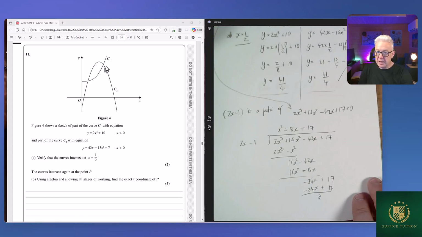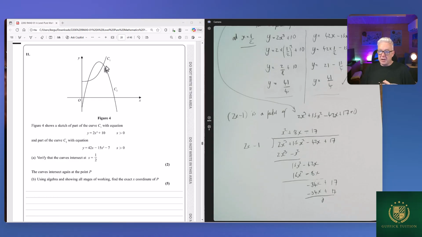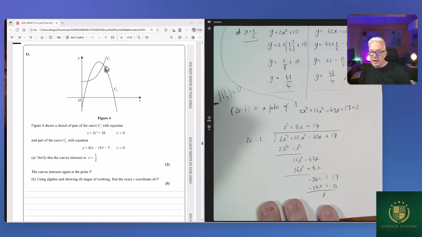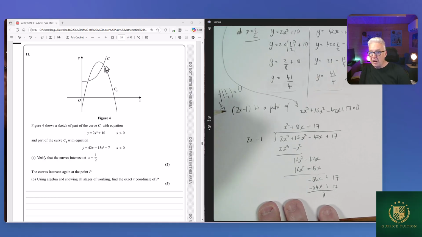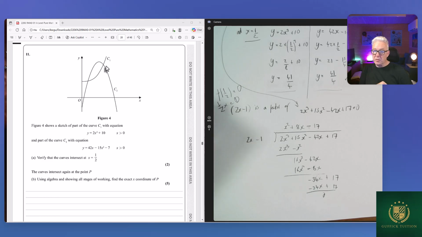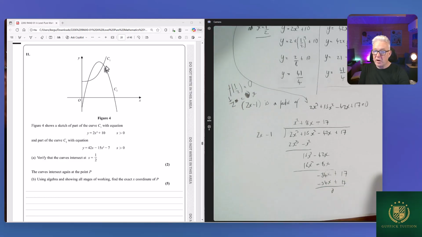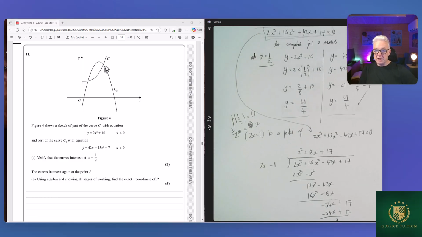Which means, in turn, that 2x minus 1 is a factor. Because if x is equal to a half, then you times by 2 and then take away 1, giving you 2x minus 1 as a factor.